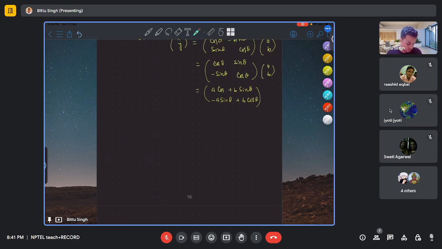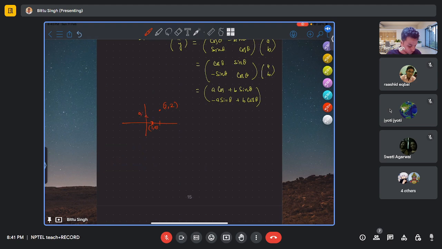For example, here is an easy example. Take the point (2, 2). Here are the unit vectors: (1, 0) and (0, 1).